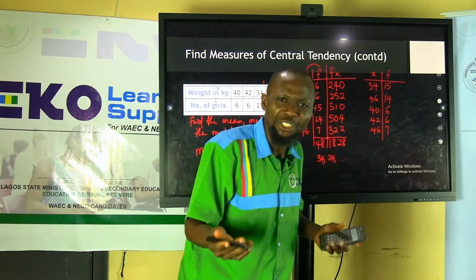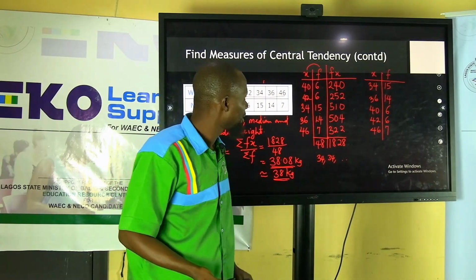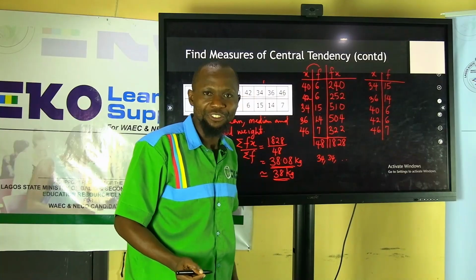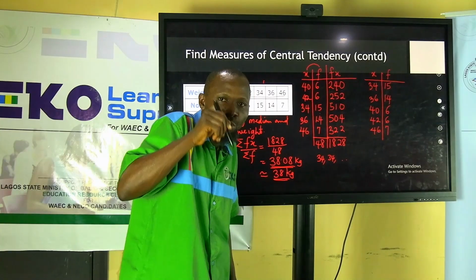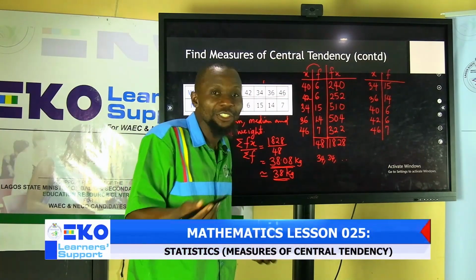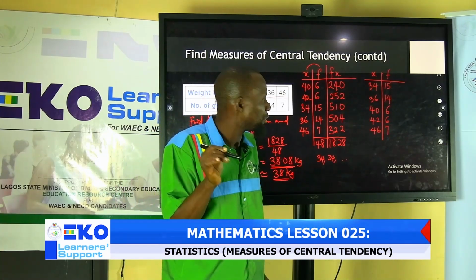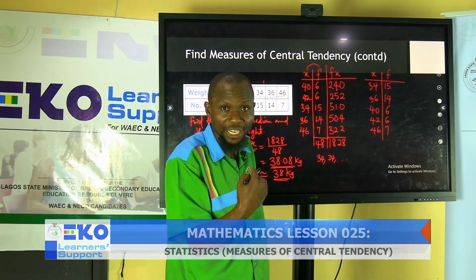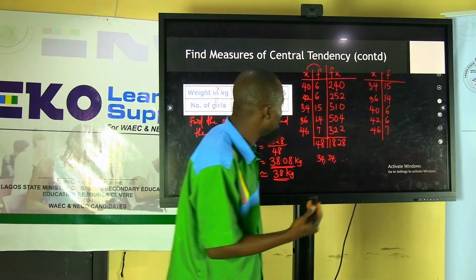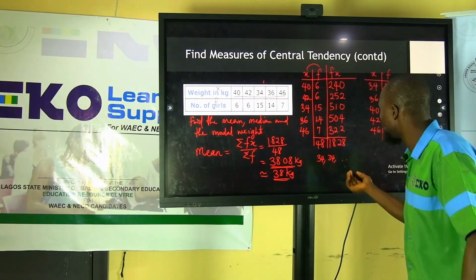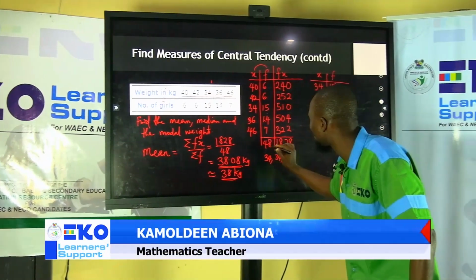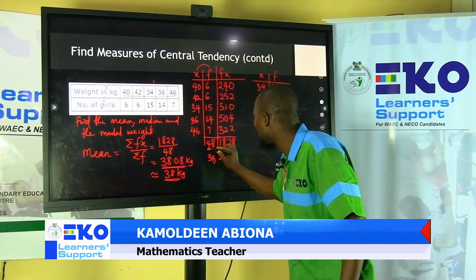But we cannot begin to do that because this is large data, so we use the frequency to determine the middle number. In some cases, they will tell you the cumulative frequency, which means you add the frequencies together. In this case, we have seen that the total is 48.